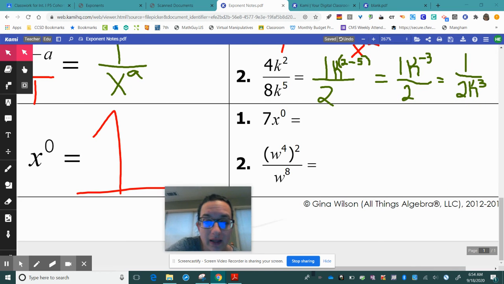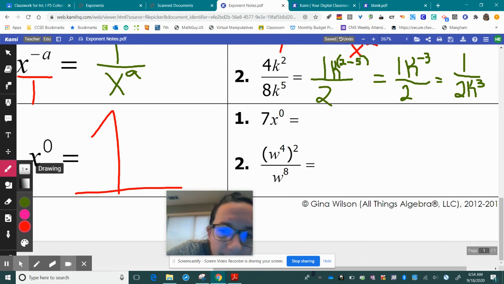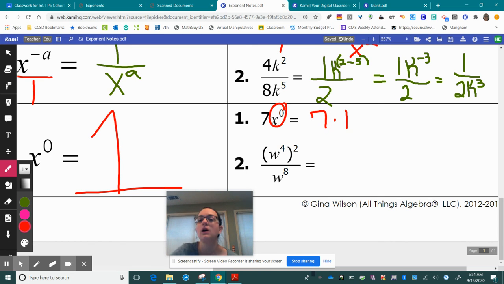So now be careful with this, because some students are like, ooh, 7x to the 0 power is going to be 1. Okay. Only that x to the 0 power is 1. So we would still have 7 times x to the 0 power, which is 1. What's 7 times 1? Oh, 7.